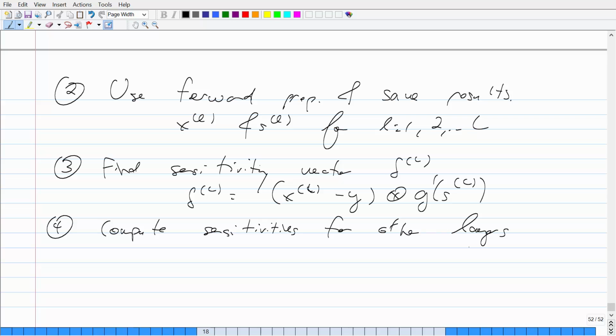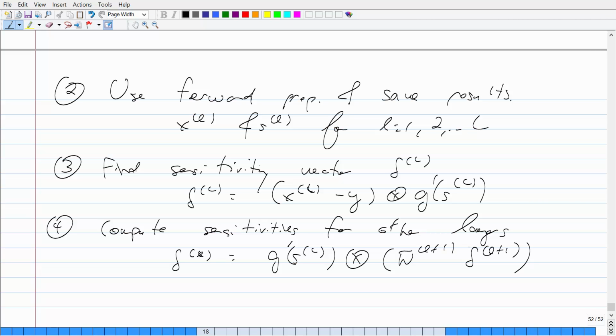Actually, I'm missing one more step, and I'll do that quickly. Equals, this is prime here. Element-wise. I'll do an example next class. I'm running out of time, unfortunately.